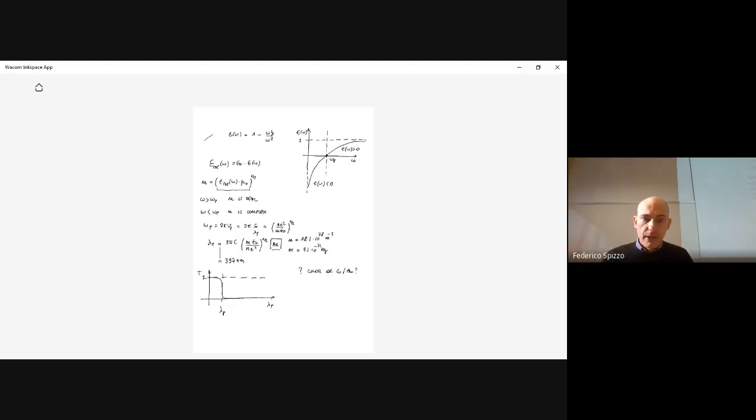Let's see what happens if we apply this concept of oscillation of the electronic density to the case of the Drude metal.